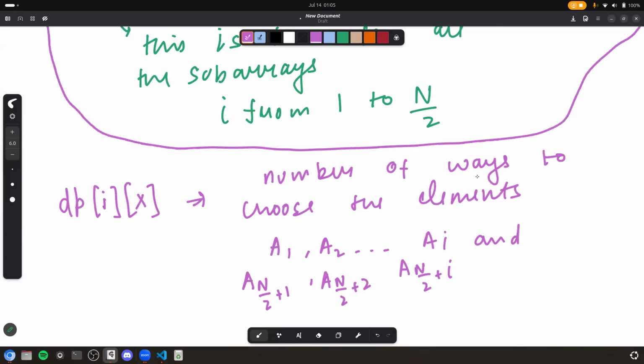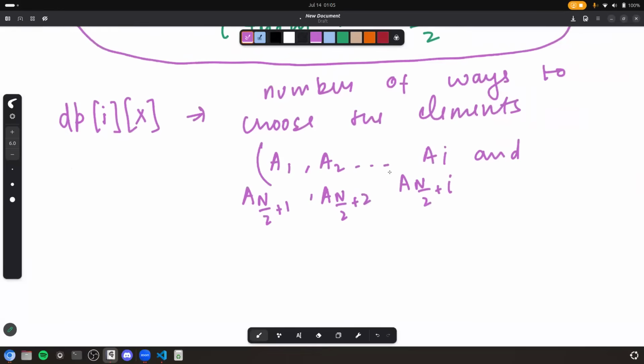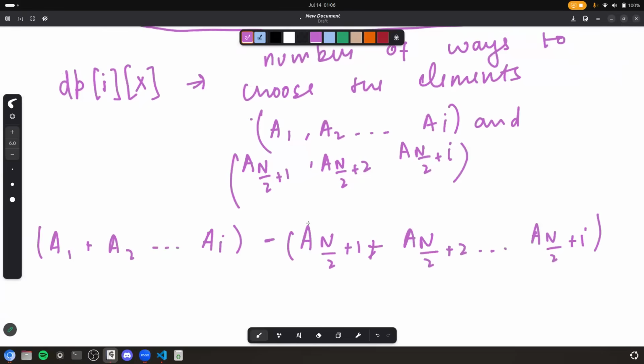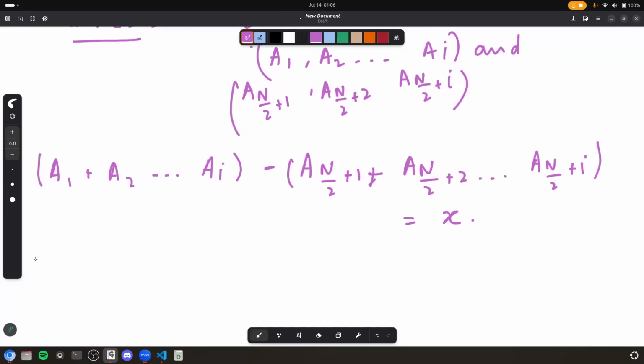So this denotes the number of ways to choose these elements such that, let's just give it some variable, a1 plus a2 till ai minus a(n/2+1), a(n/2+2) till a(n/2+i), this DP will give us the number of ways such that this minus this is equal to x, and the value of the previous states.